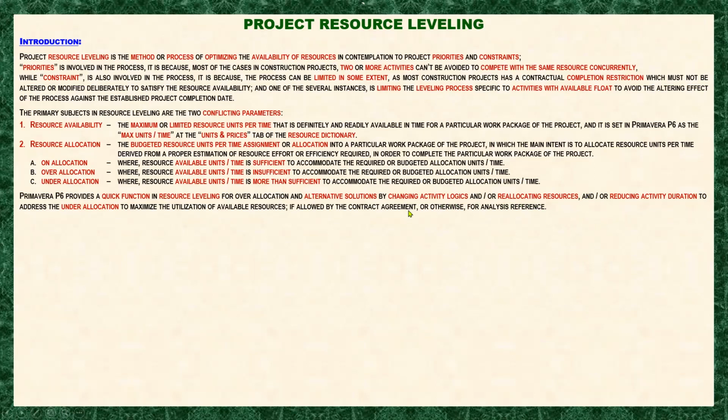Okay, so the purpose of this alternative solution is that Primavera will be only addressing the over allocation. Once your activity is over allocated, Primavera will do the means to level it when you command Primavera to do it.